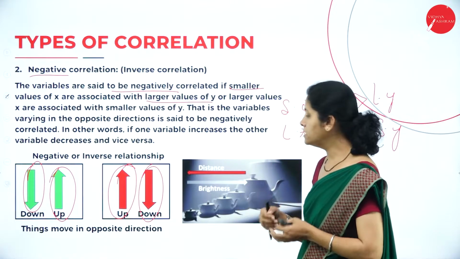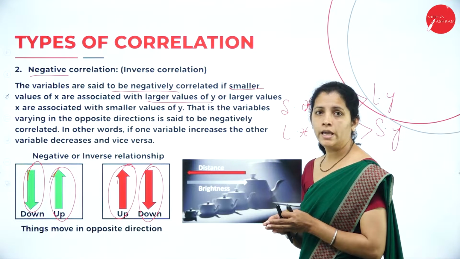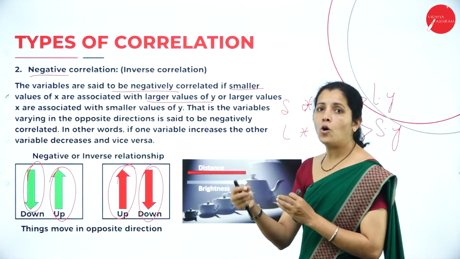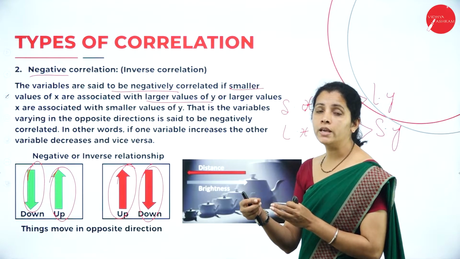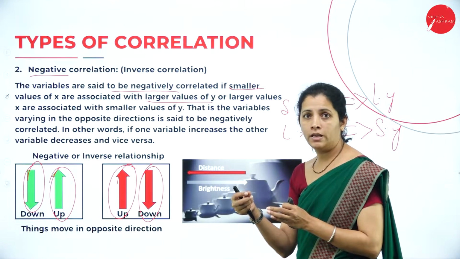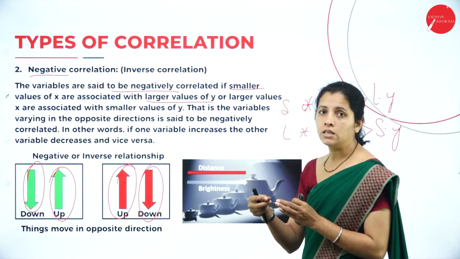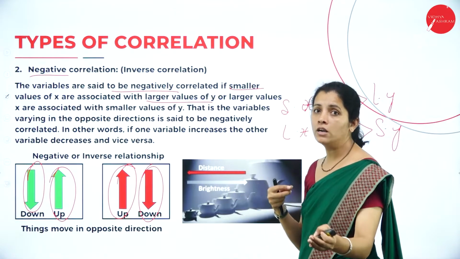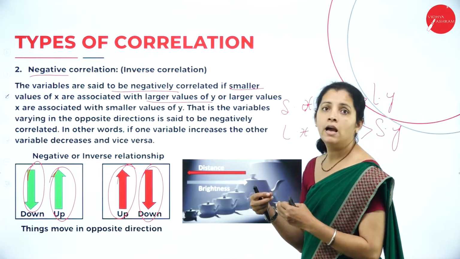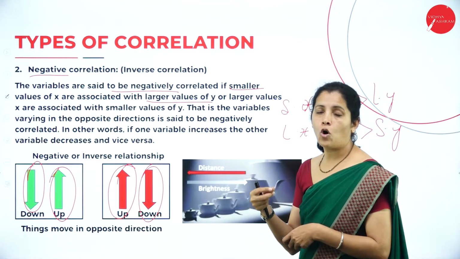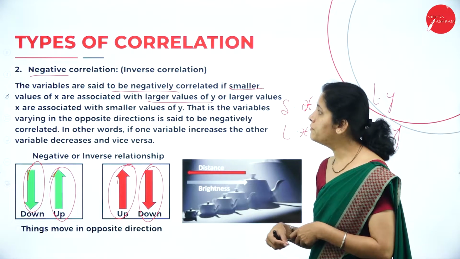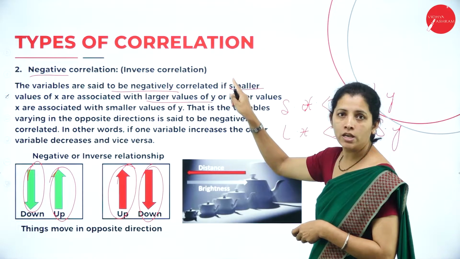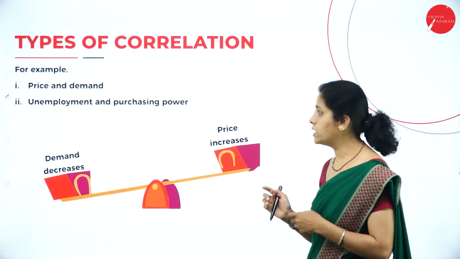If I consider this example, if I see the object nearer, then I can view the object properly. If I try to see the object from a longer distance, then I cannot see the object properly. So this is a good example of inverse or negative correlation.